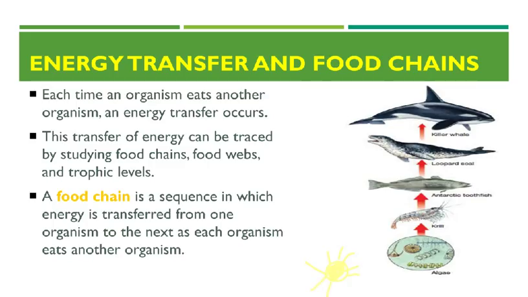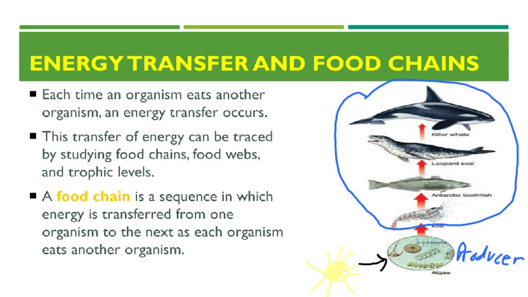We have the sun, and then energy goes from the sun and is taken up by the algae. The algae are your producer. Those algae get eaten by krill, which get eaten by a fish, the toothfish in this case. Those fish are eaten by a leopard seal, and the leopard seal are eaten by killer whales. And these are all consumers.